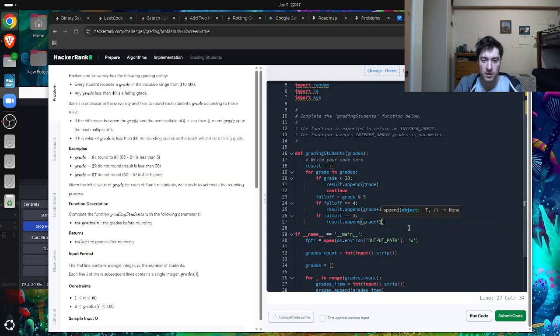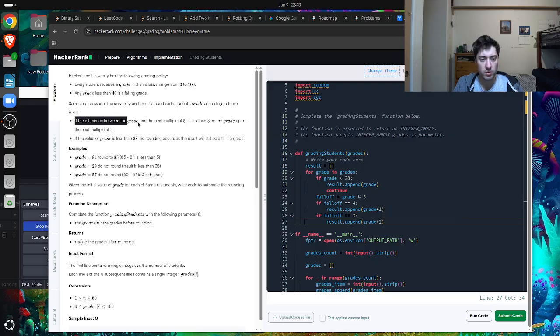Okay, and so do we do the other one? If the difference is less than 3, so 5 minus 1 is 4, so we do it. 5 minus 3 is, hold on.